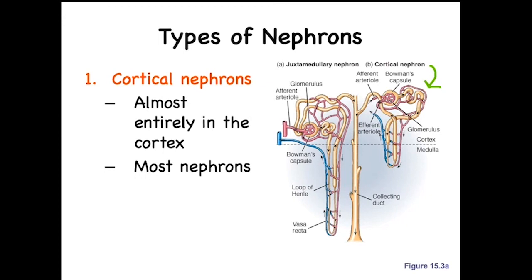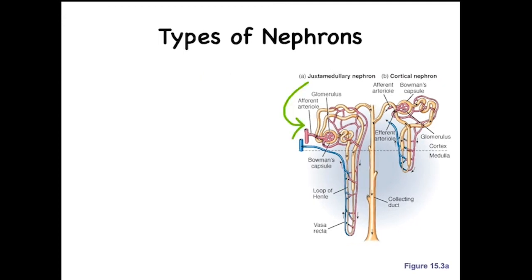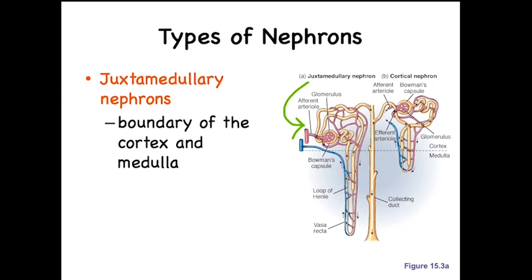The second type of nephron is what we call juxtamedullary nephrons. Juxtamedullary nephrons have long loops of Henle that move into the medulla. About 15% of your nephrons will be juxtamedullary nephrons. Their function is to concentrate the urine.